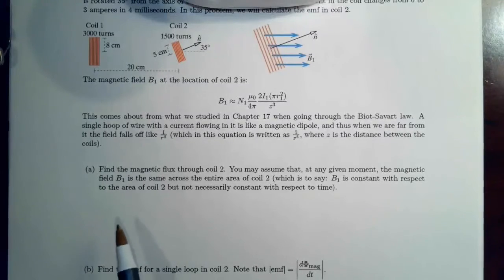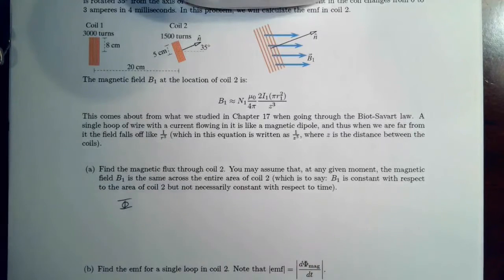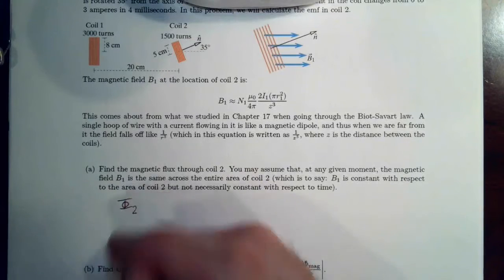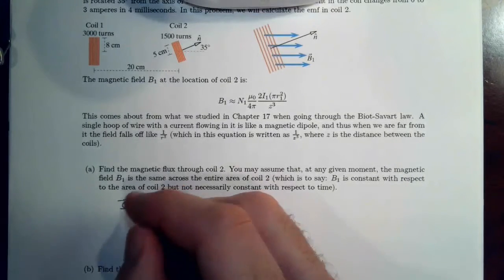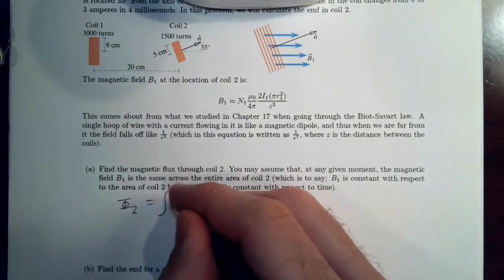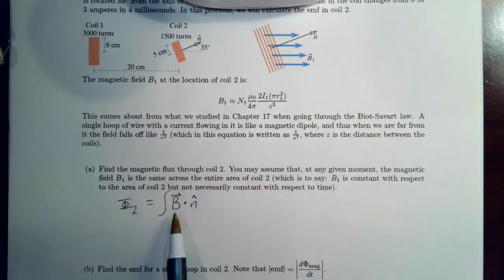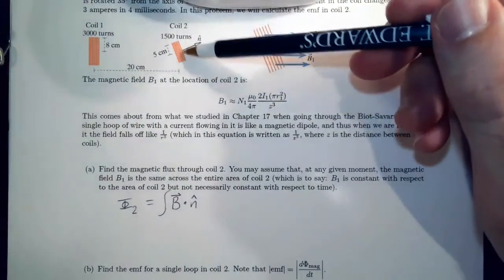Okay, so let's find the magnetic flux through coil 2. So we'll start with the definition of magnetic flux. Let me put a 2 on here to make it clear I'm talking about coil 2. And this is equal to the integral of B dot n hat dA. So this is the amount of magnetic field, if you like, or the number of magnetic field lines penetrating the area in coil 2.